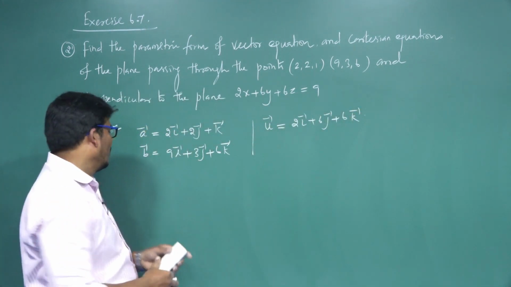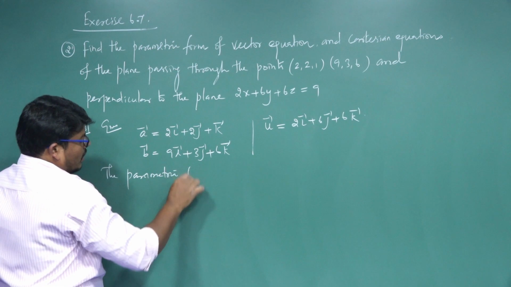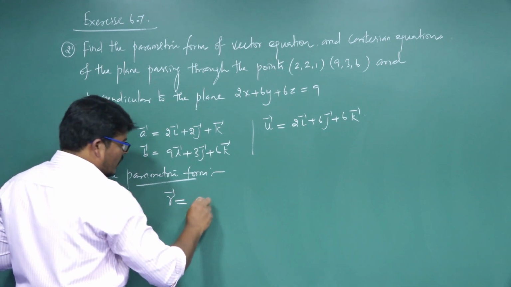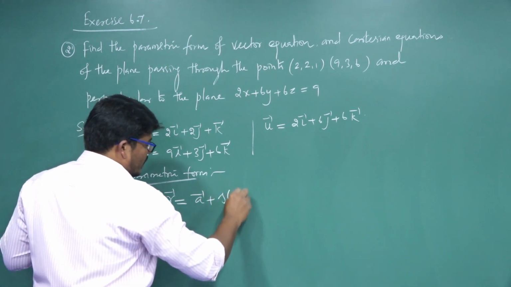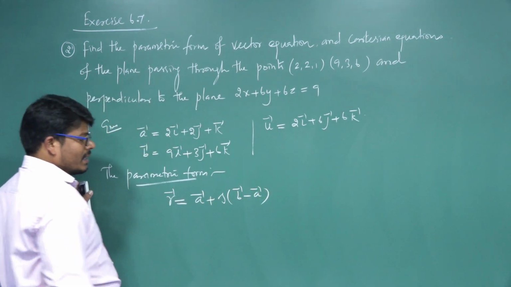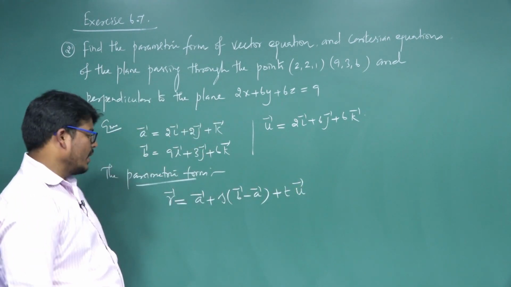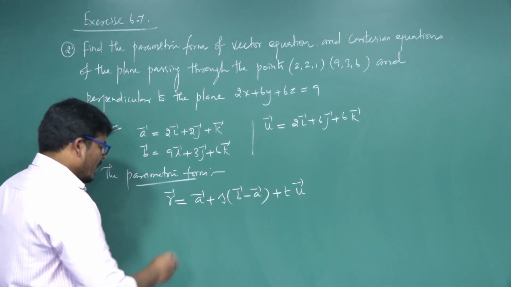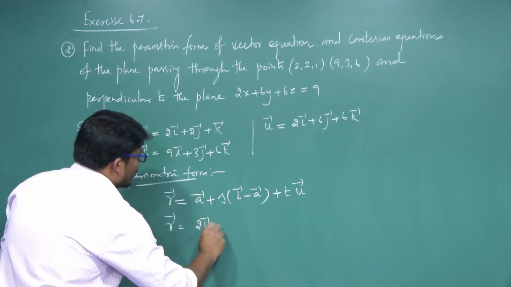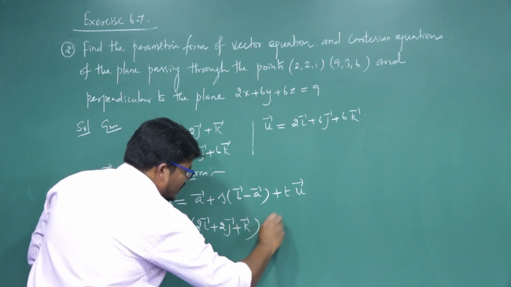With 2 points and 1 parallel vector, the parametric form of the vector equation is r vector = a vector + s(b vector - a vector) + t(u vector). That is the formula. Now substituting, a vector is 2i + 2j + k, plus s(b - a).